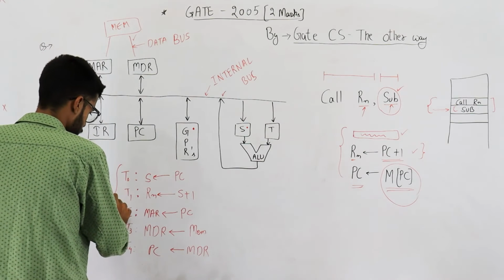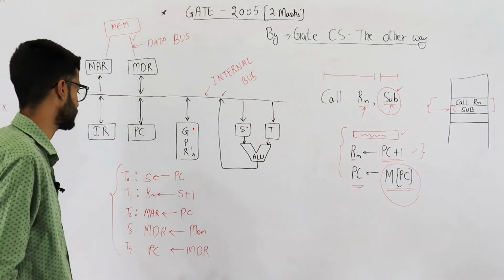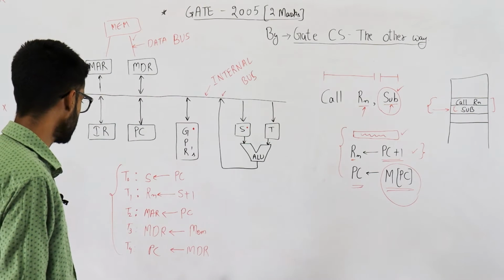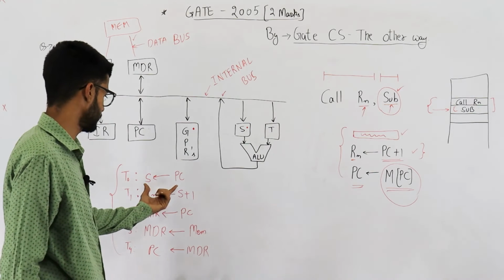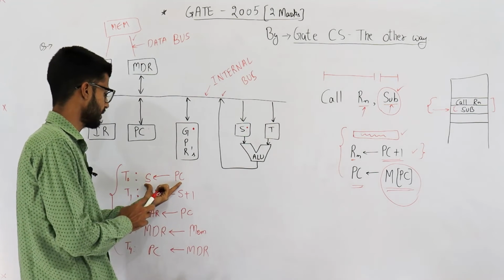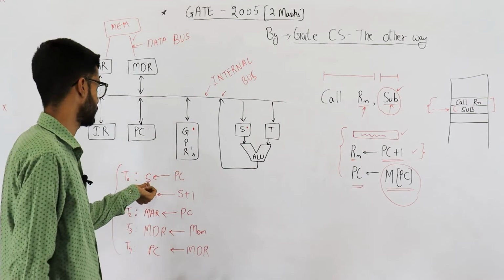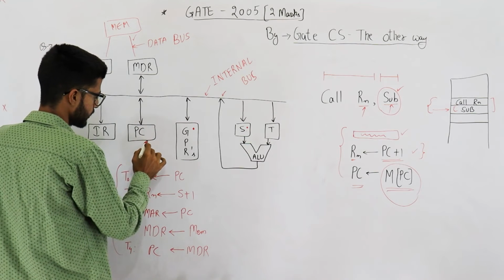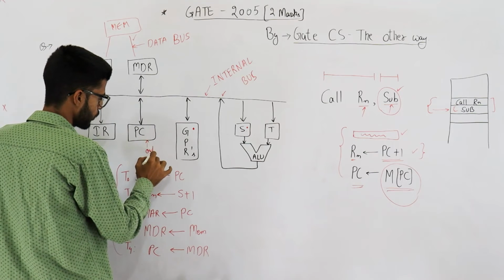Now let's try to reduce the number of clock cycles here in the light of these two concepts. Now the value of PC is being copied into S. That means PC gets a out signal.